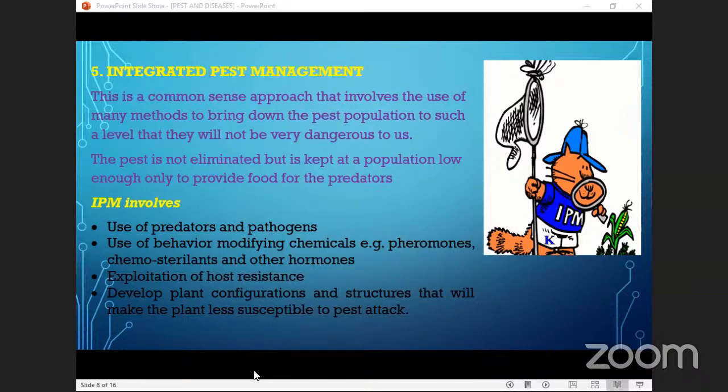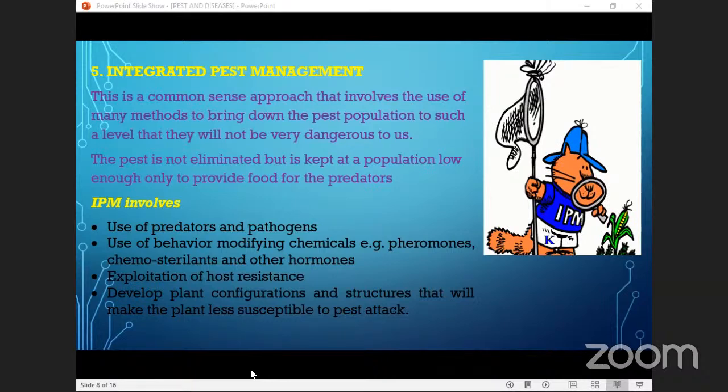Okay, Elizabeth, you read for us, what is involved in IPM, Integrated Pest Management System? Use of predators and pathogens.